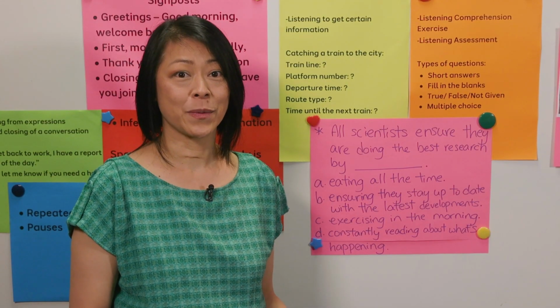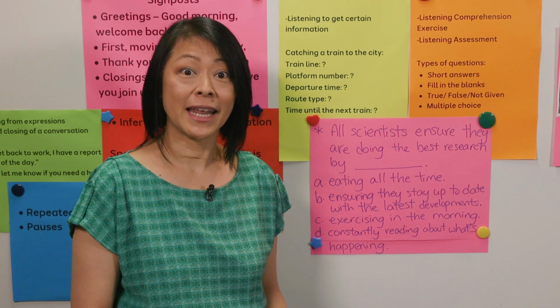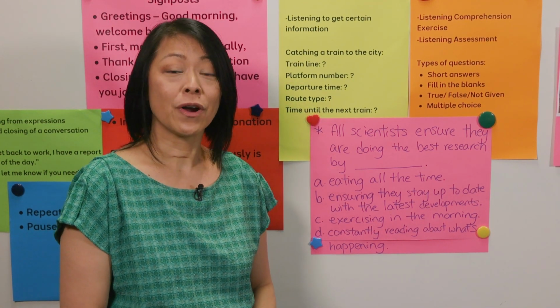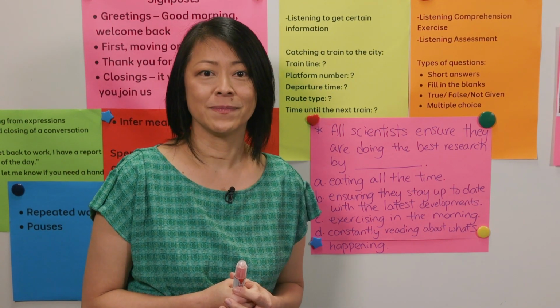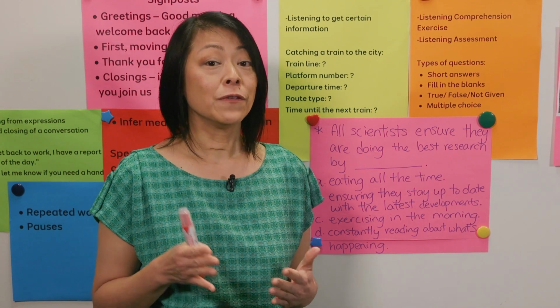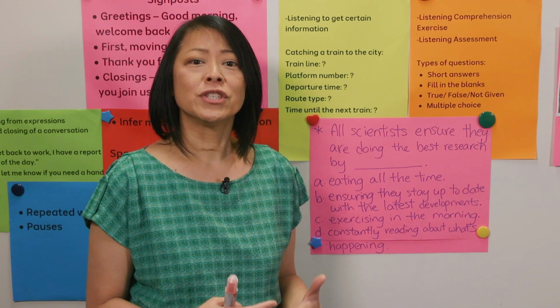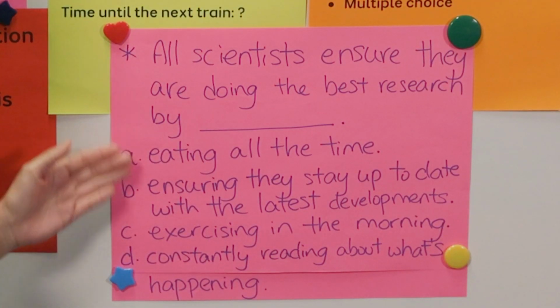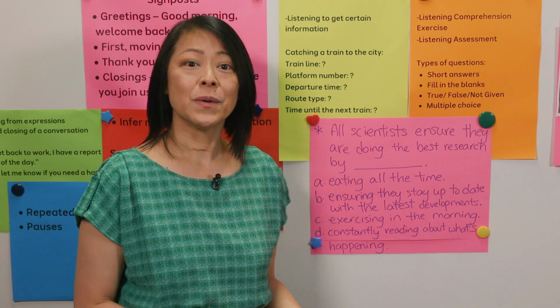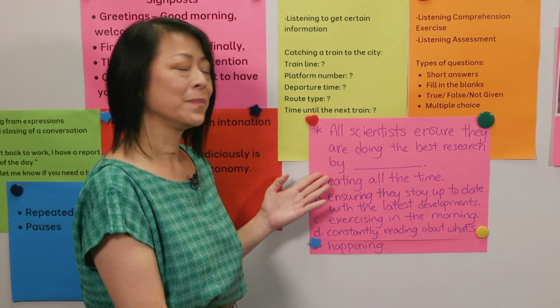In a multiple choice question, you can sometimes eliminate the answers you are sure are incorrect before you listen. Or if you do the first listening, you can cross out one or two options, which leaves you with the other two to choose from. So here's a multiple choice question.